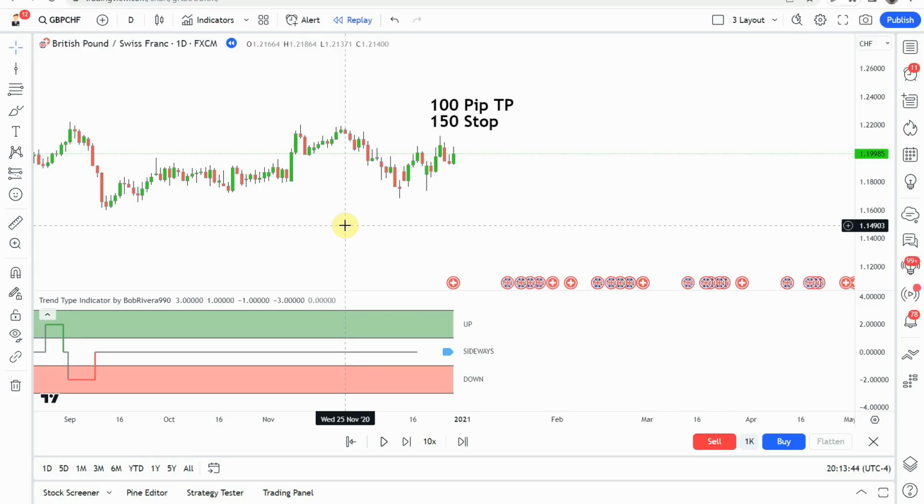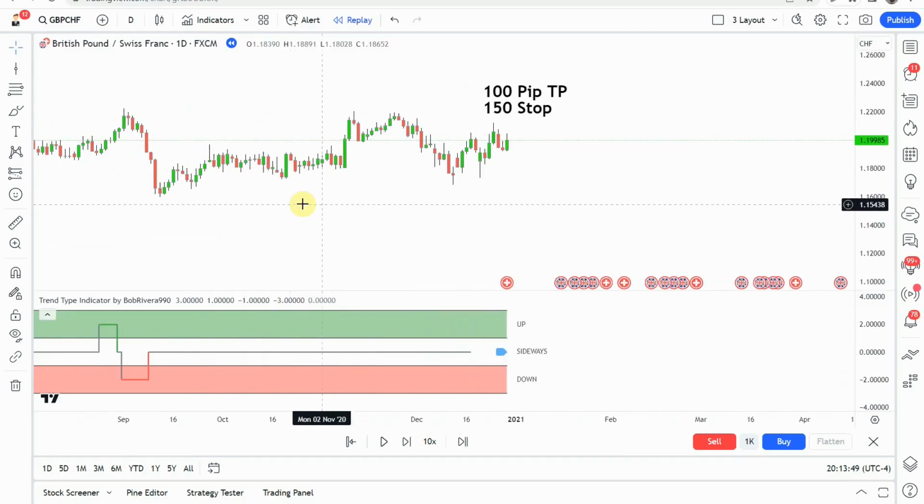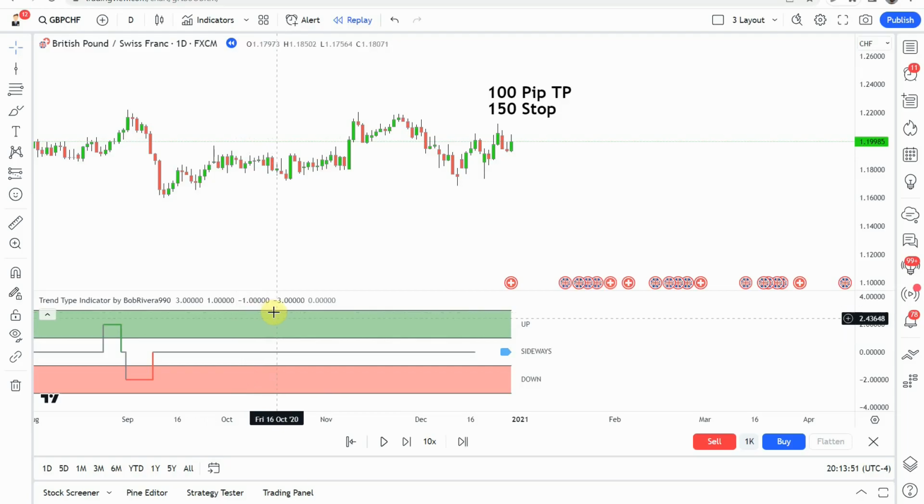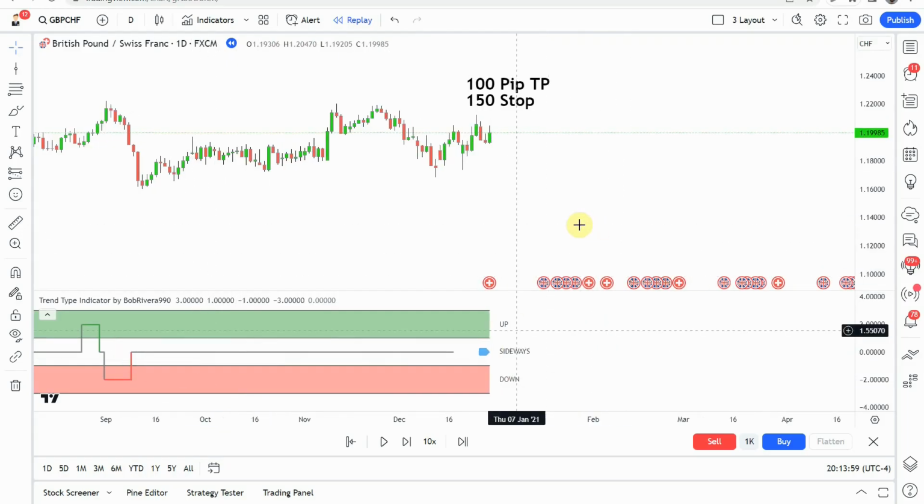And so the trend type indicator you can see here at the bottom of the screen. We have the block here on top in green, the block here on bottom in red, and then we have the center here. You can see with these labels, the green block means that price is currently in an uptrend.